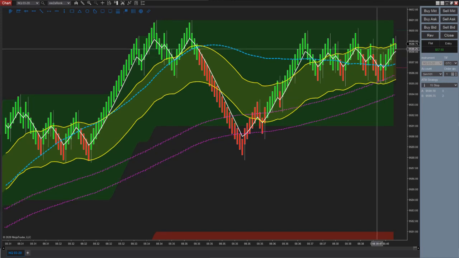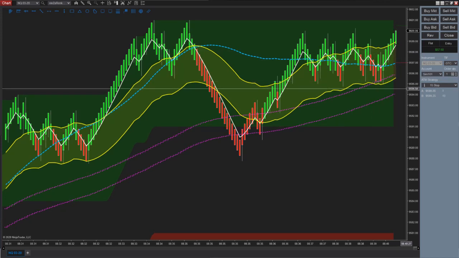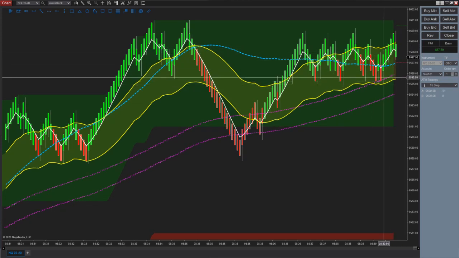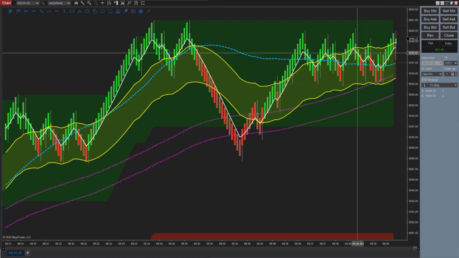Can see it's bouncing from the upper line in the pullback zone. Going nowhere.